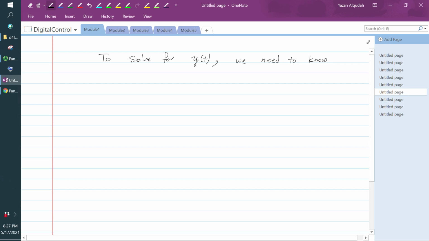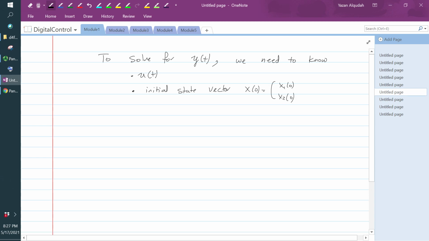We need to know u of t, the input, and we need to know the initial state vector, x of 0, which is equal to x1 of 0 and x2 of 0.